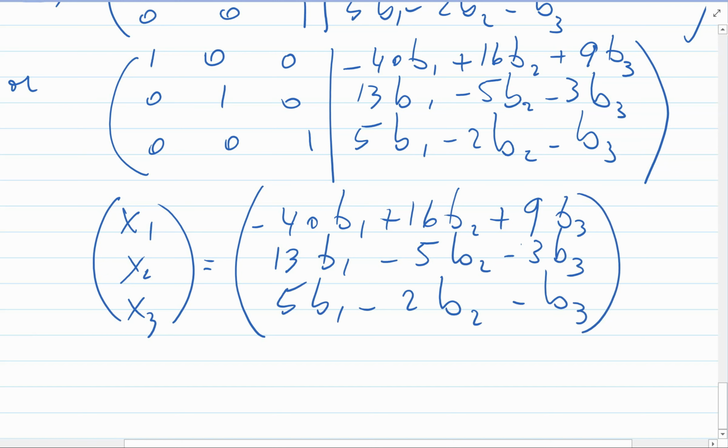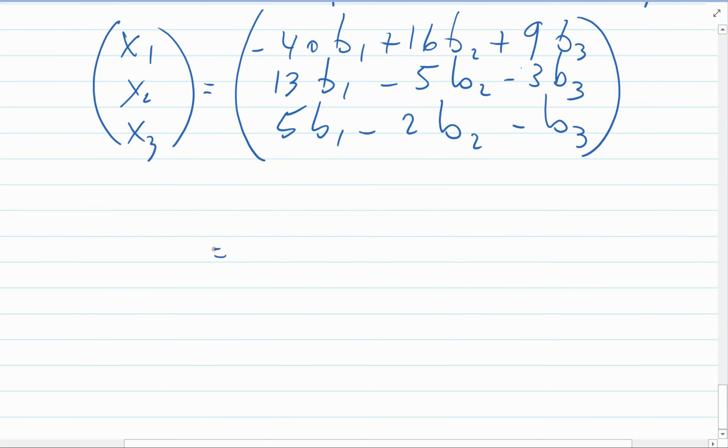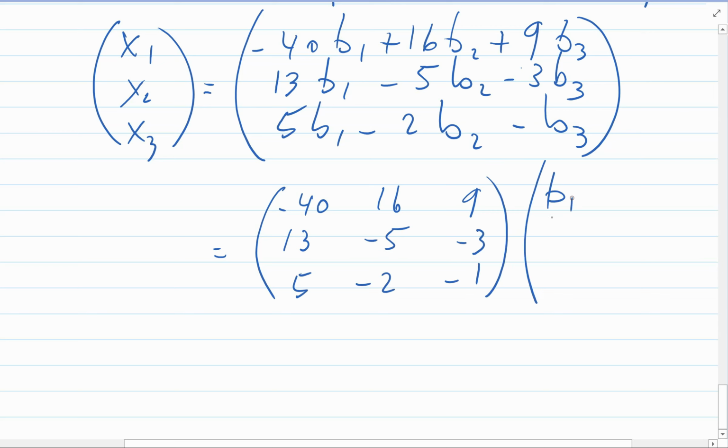Regardless of what the values of b1, b2, b3 are, we knew that because the coefficient matrix is invertible, and this is the same as using the product of the matrices: the matrix minus 40, 16, 9, 13, minus 5, minus 3, 5, minus 2, minus 1 times b1, b2, b3.